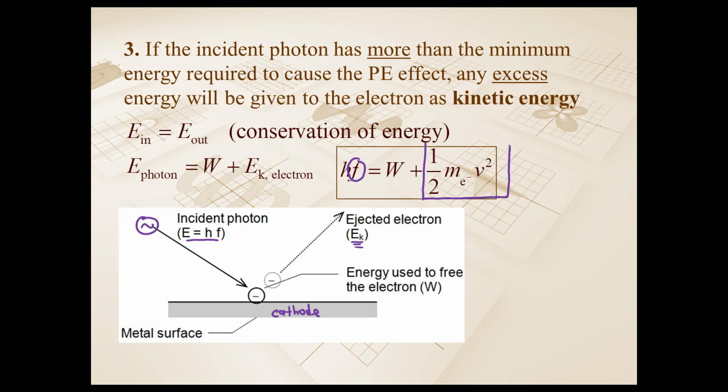This term right here would be the kinetic energy. Because the work function for a metal is constant, if you increase the frequency, then you're putting in more energy. If you're putting in more energy and you have a constant work function for a metal, that means that the electron gets more kinetic energy. So conservation of energy can nice and easily explain how this one works.